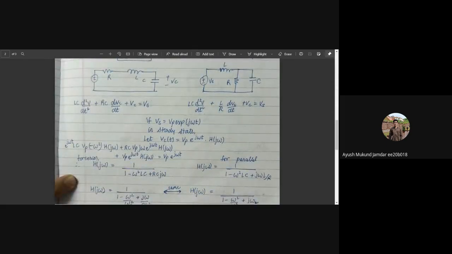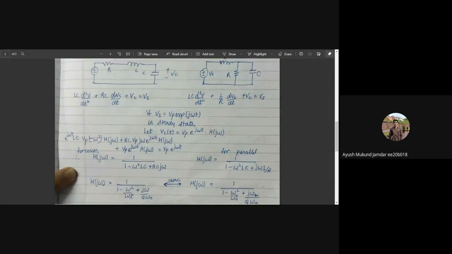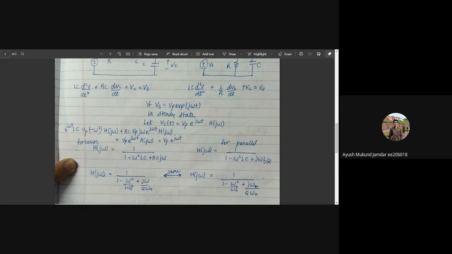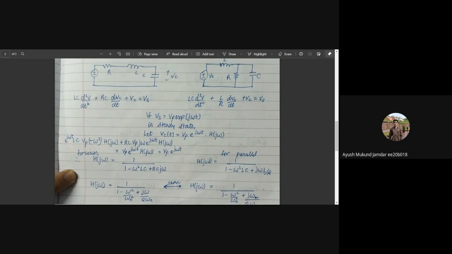Now coming back from the natural response to the steady state response, or the forced response, as I said, if the input is an exponential signal, Vp exponential j omega t, in steady state we can just find the values using 1 by j omega C and j omega L, or also we can say that the output Vc of t will just be H of j omega times the input signal.